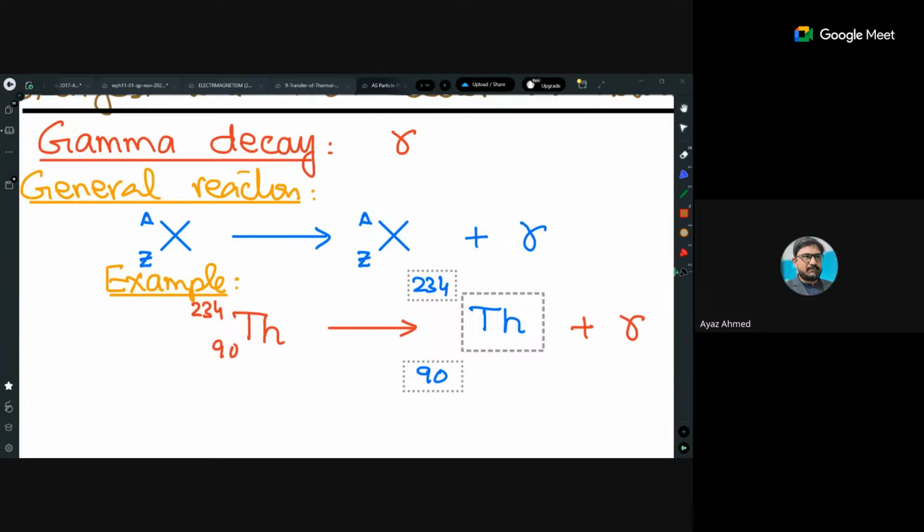Check this out: if you have thorium 90 and 234, then what will happen? If there is a gamma decay, it will remain 90 and 234, but a gamma ray will be released, and the energy level of thorium is lower. Are you getting it? Yes.